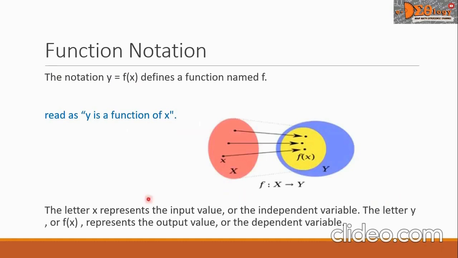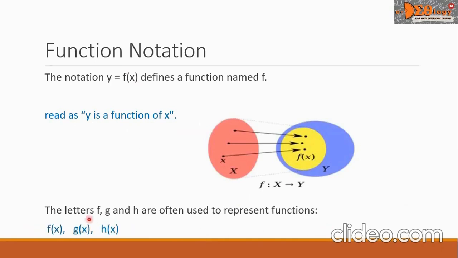The letter y or f of x represents the output value or the dependent variable. The letters f, g, and h are often used to represent functions. We will see f of x, as we see in our example here, or g of x, or h of x.